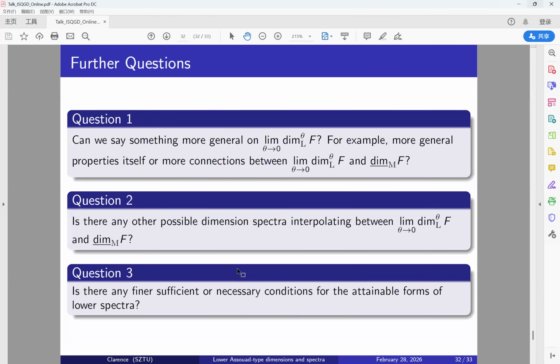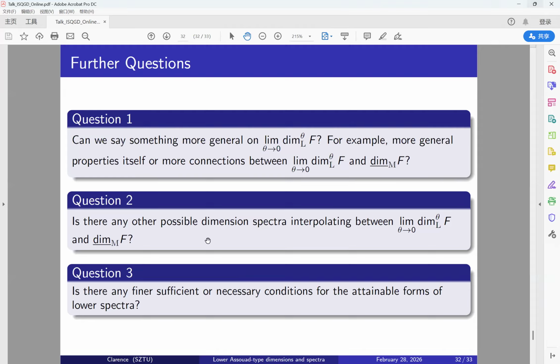Finally, I would like to say something about further questions on the lower spectrum. The first question is: can we say something more about the lower spectrum as theta tends to 0? Is it possible to say something more about the general geometrical settings for the limit zero, or can we say more about the connections between the lower spectrum with theta tending to 0 and the lower box dimension?